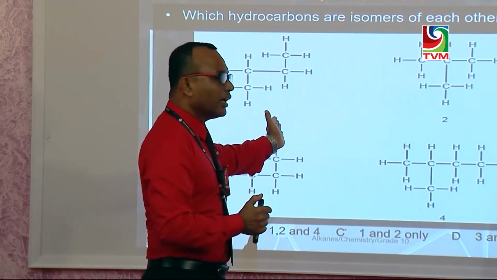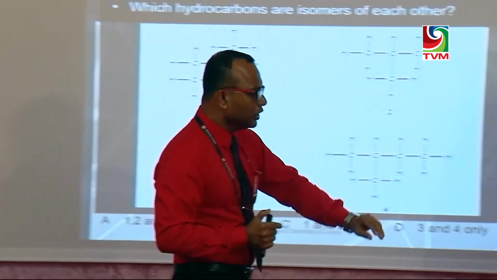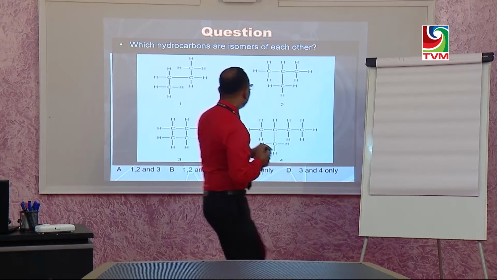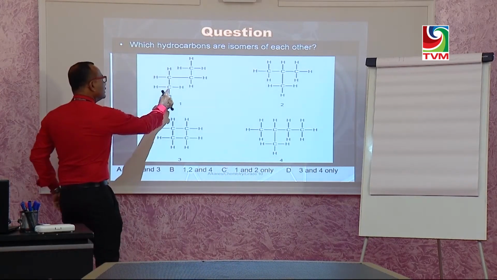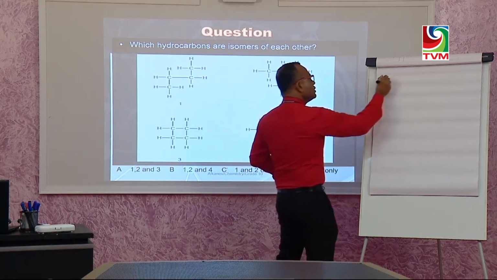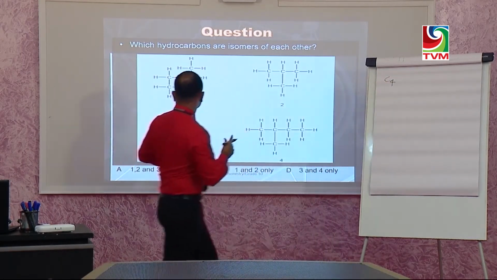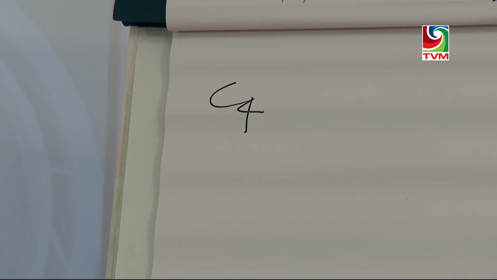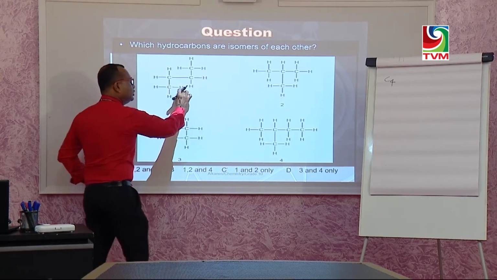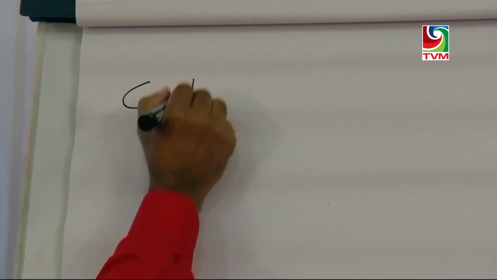Different structures are given. What we need to do? Identify the same molecular formula. I will count carbon in the first one. 1, 2, 3, 4, 4 carbon. So, C4, hydrogen, I count from here 1, 2, 3, 4, 5, 6, 7, 8, 9, 10, C4H10.